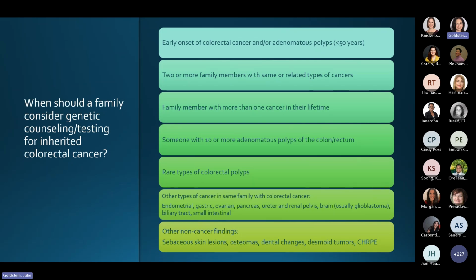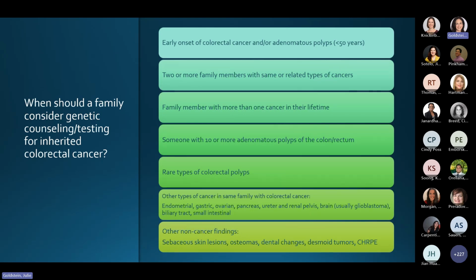Certainly, if you see anybody in the family with early onset colorectal cancer or polyps, especially before the age of 50, if you're seeing two or more family members with the same type or related type of cancer, if there's somebody in the family who's had more than one cancer in their lifetime, someone who's had 10 or more adenomatous polyps of the colon or rectum, rare types of colon polyps.